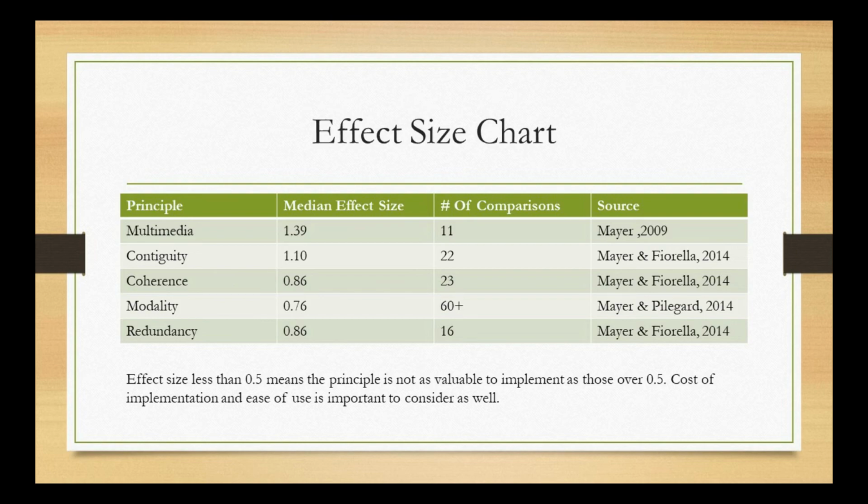Generally, the lower it is, the less valuable it might be to implement, whereas the higher it is, you might want to highly consider implementing that. And that's essentially what effect size is, that is emphasized throughout chapter 18 to summarize.